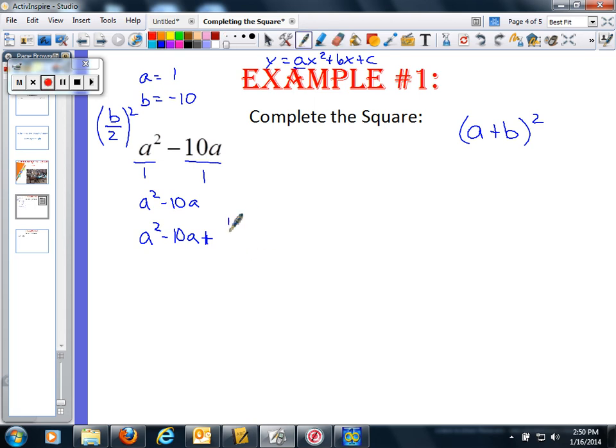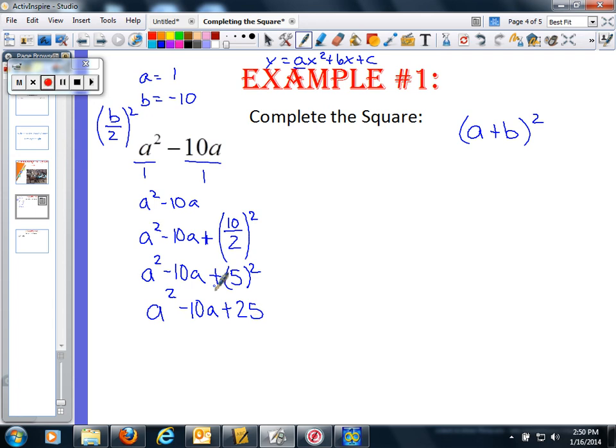It's going to be 10 divided by 2, and I'm going to square it. Alright? So when I simplify this, this gives me a squared minus 10a plus, 10 divided by 2 is 5, squared. So that gives me a squared minus 10a plus 25. Okay? So this is my completed square now.